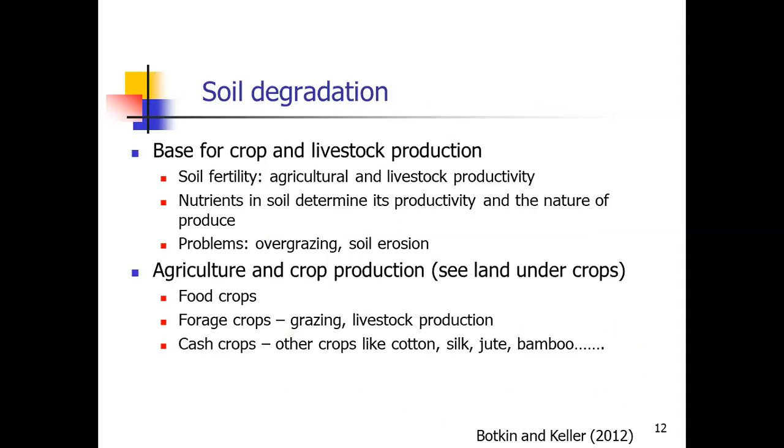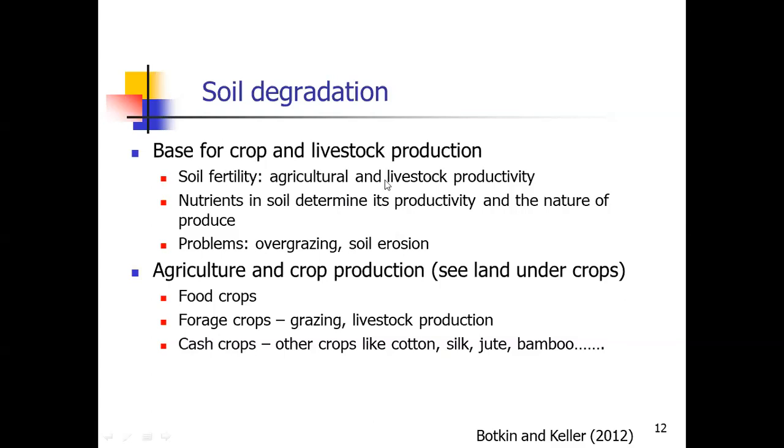So I've already mentioned that soil is the basis for crop as well as livestock production. Remember that I've talked about agricultural productivity, but livestock production also depends on agricultural productivity because if you don't have agricultural productivity, you cannot sustain cattle, sheep, goat, and all of these animals. That's livestock.